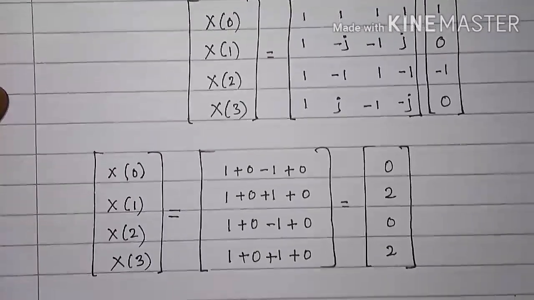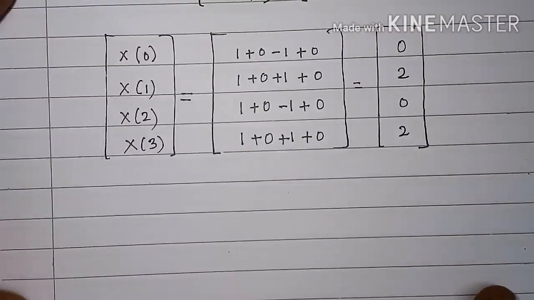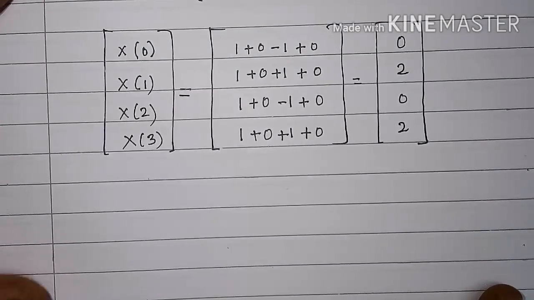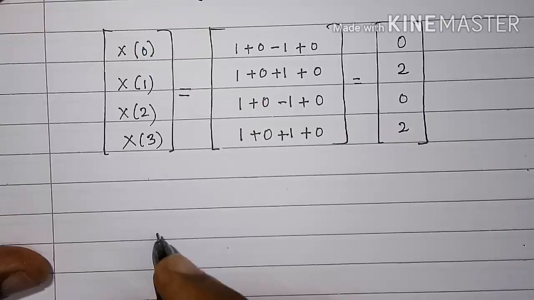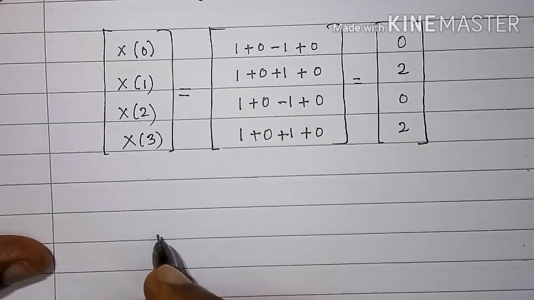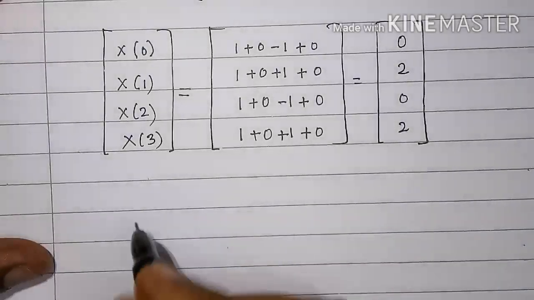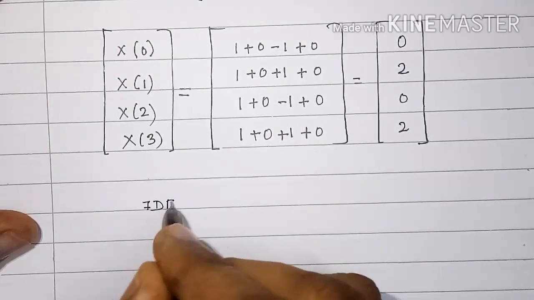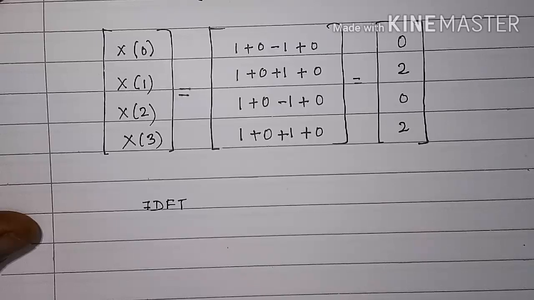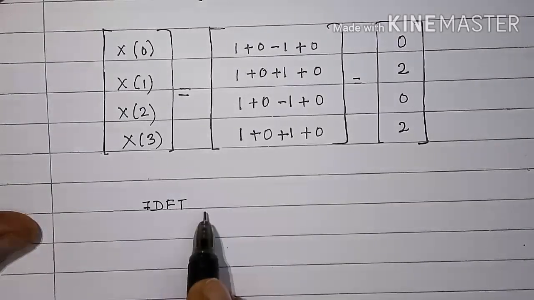Now we'll see how the IDFT can be written using matrix form. IDFT means inverse discrete Fourier transform.